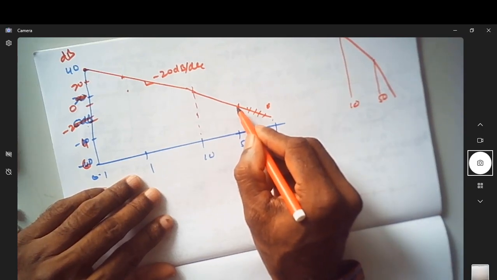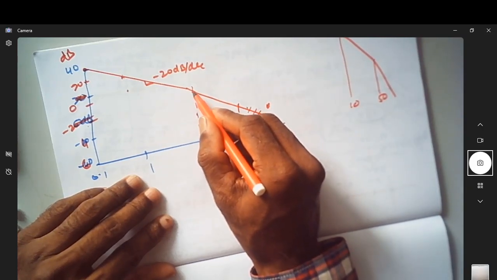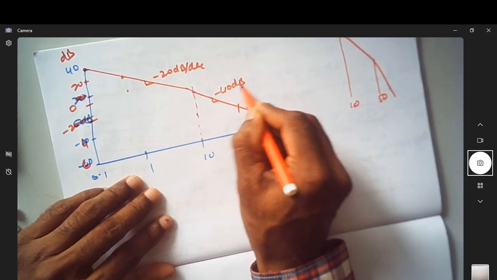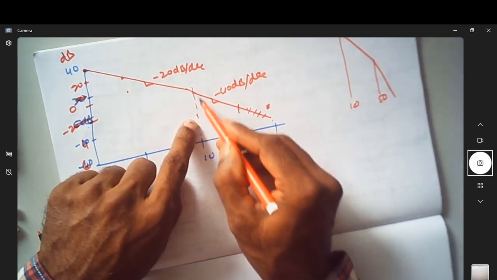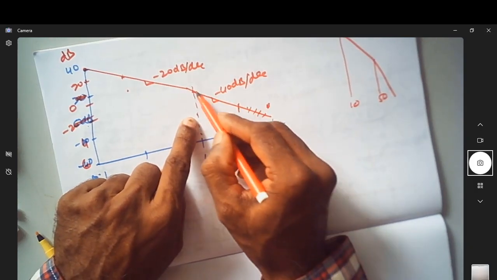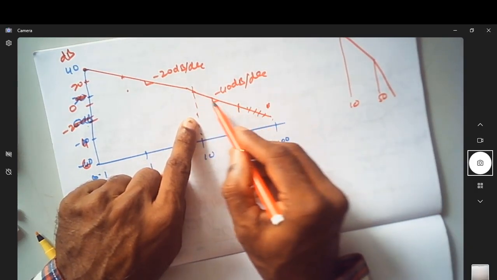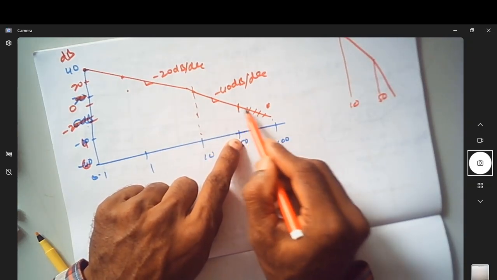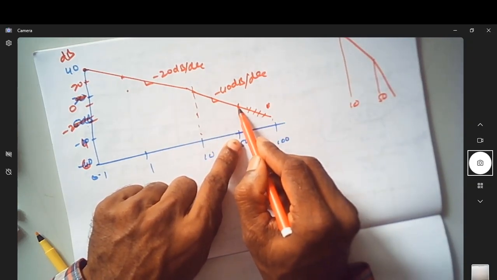From 10 to 50, it is minus 40 dB per decade. You came down by 40 dB, gone by 1 decade and then drawn the line, but you found that this cutoff frequency is at 50 radian per second, it's not at 100. So you stop it at this point.